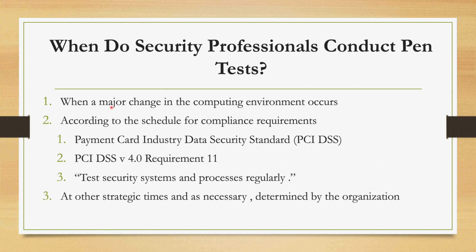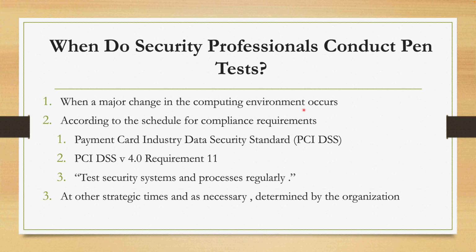Now, one of the things we have is when a major change in the computing environment occurs. So what does it mean? Why do we need to do that? Well, when there are significant updates or changes, they may introduce new vulnerabilities to the system.